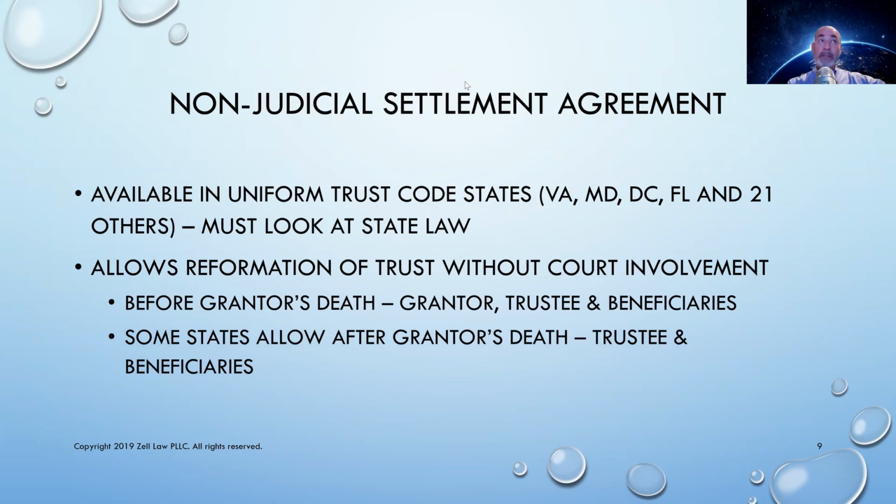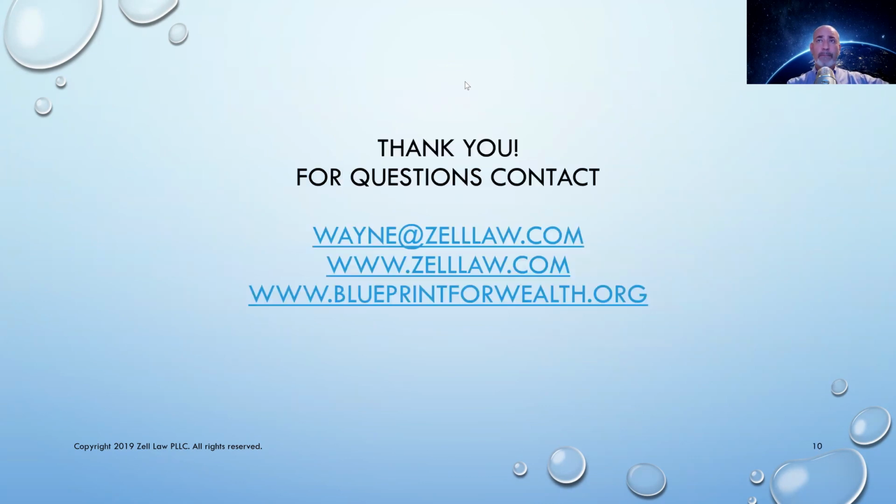In some cases, the courts will allow the reformation of a trust in a non-judicial settlement agreement after death, and you may even be able to do this without court involvement. In that case, you would get the consent of the trustee and the beneficiaries. In some cases, you may need to get a creditor's consent depending on the facts.